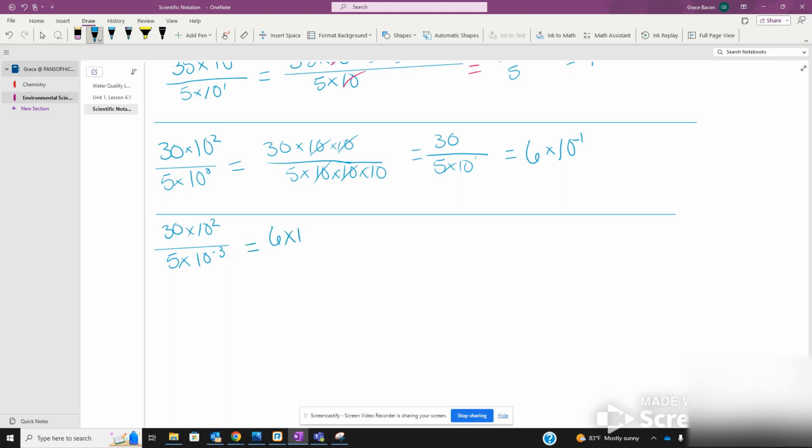And this is going to be times 10 to the 2 minus negative 3. Minus a negative is plus. Remember, from your math classes, a minus a negative is a plus. So this is 6 times 10 to the 2 minus negative 3 turns into plus 3, so to the 5th.